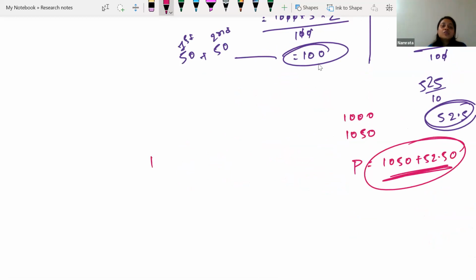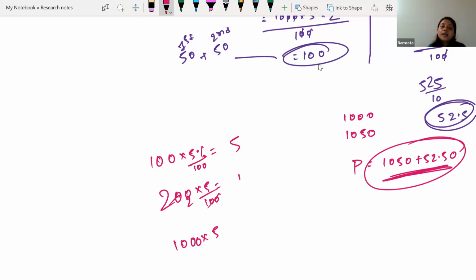You need to understand that 5% of 100 rupees, 200 rupees or 1000 rupees comes out as 5, 10, and 50. So if you take 5% of a bigger value, you will get a bigger number.